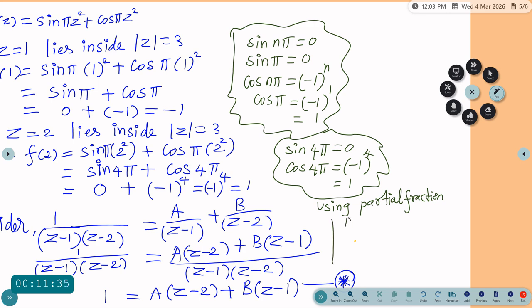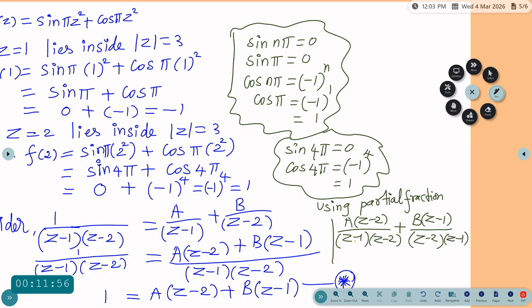So we get a into z minus 2 divided by z minus 1 into z minus 2. B into multiply z minus 1, so we get z minus 2 into z minus 1.